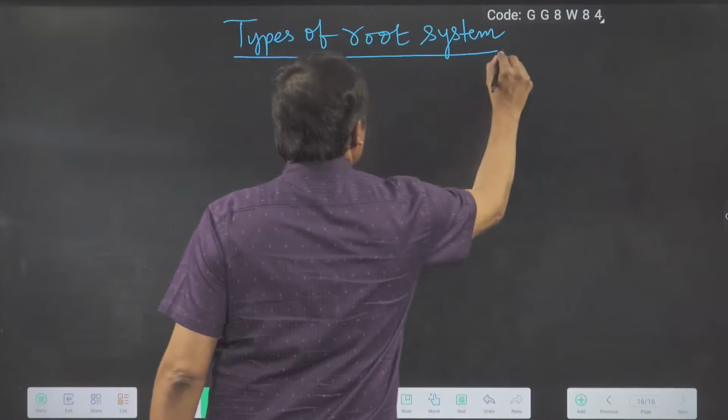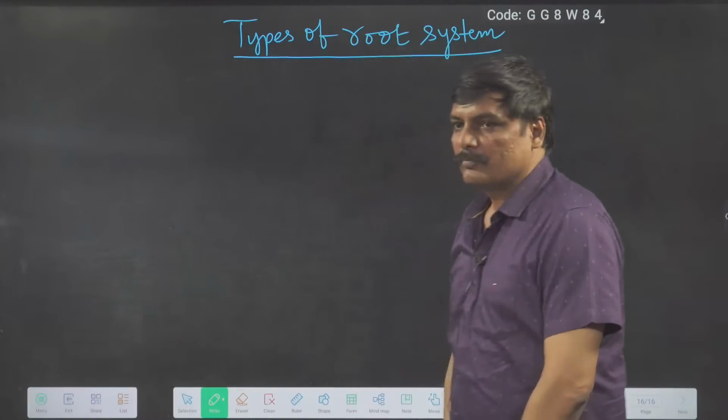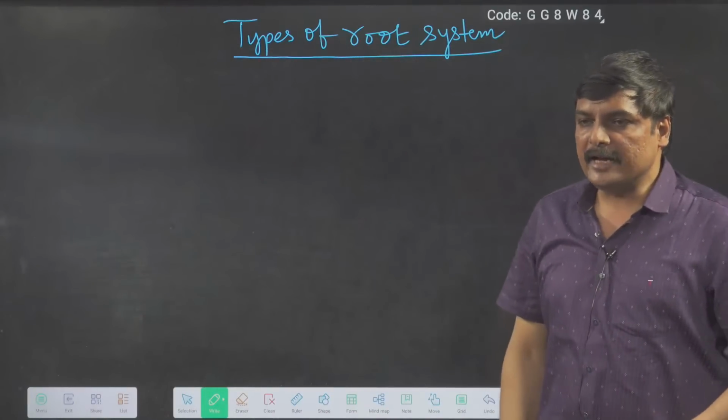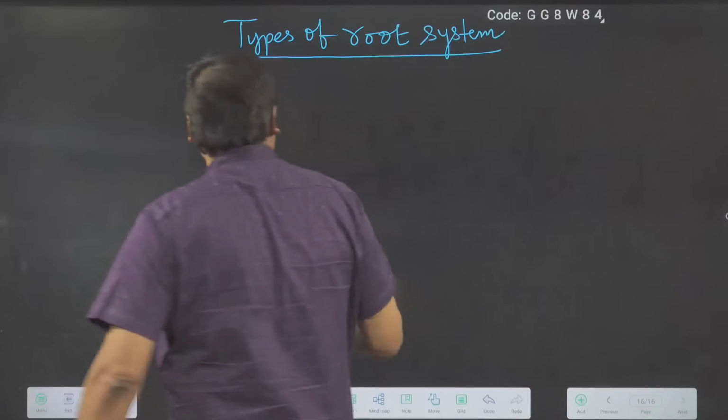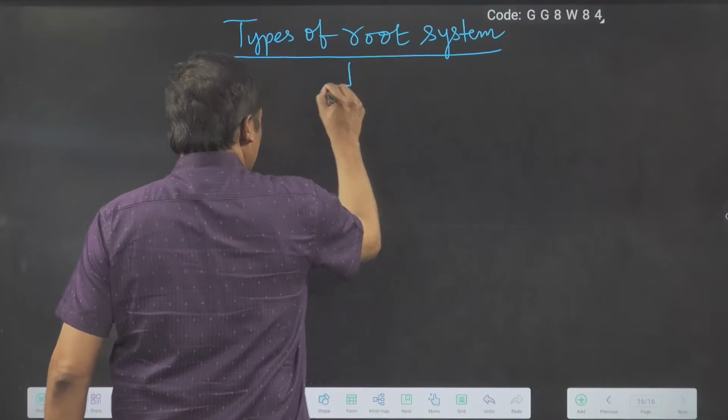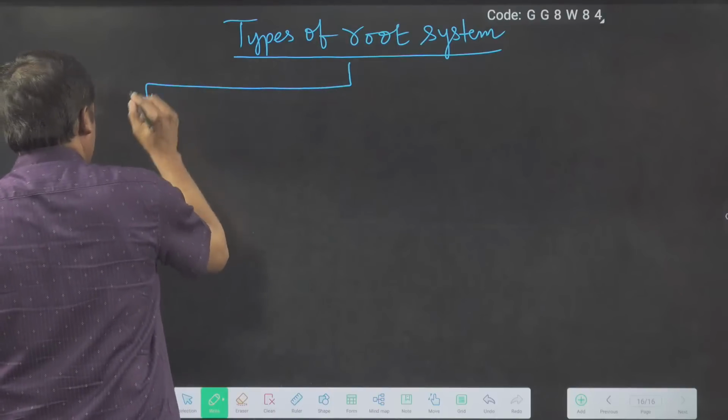Types of root system. There are three types of root systems in plants. They are: 1.